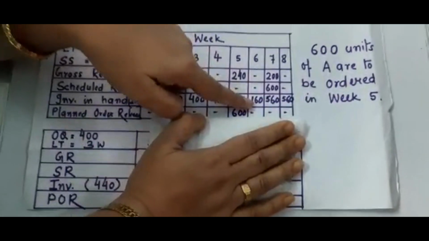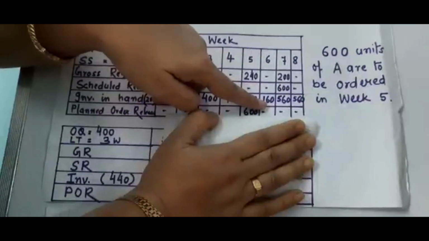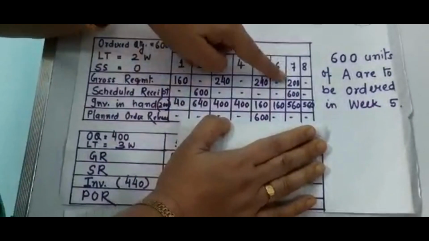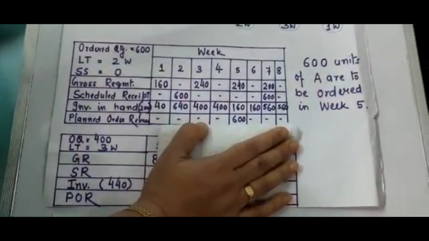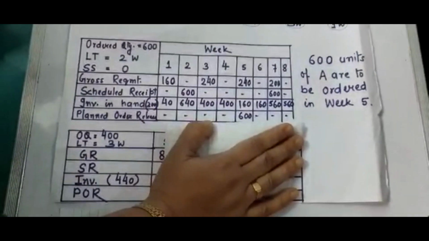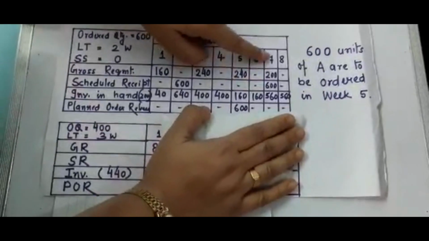That inventory continues in the 6th week also, because there is no requirement in the 6th week. 7th week, just see, 160 is the inventory I am holding at the end of 6th week, and 200 is my requirement. So will I be able to meet my requirement? No. That means I have to receive something in the 7th week.